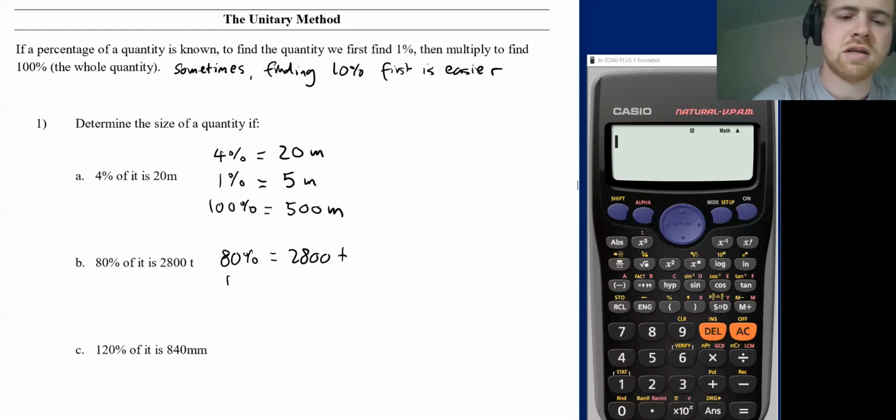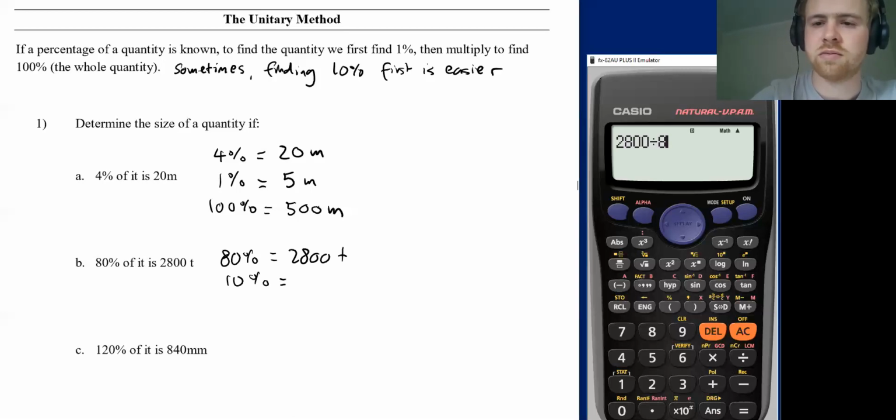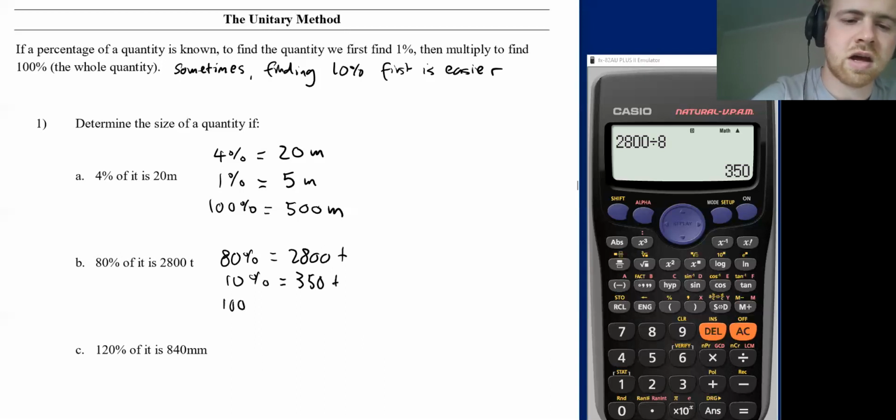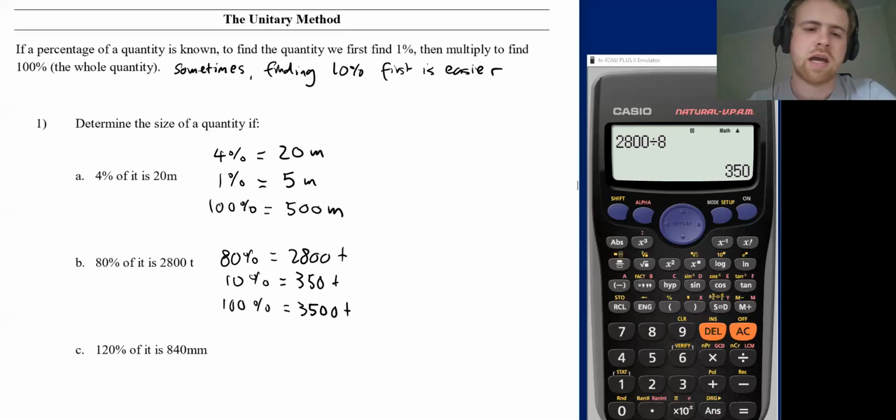That means 10% is going to be 2,800 divided by 8, which is 350 tons, which means that 100%, sorry, is going to be that times 10, which is 3,500 tons. Okay, so that time we didn't divide by 80, we just divided by 8 to get 10% and then multiplied by 10 to get 100%.